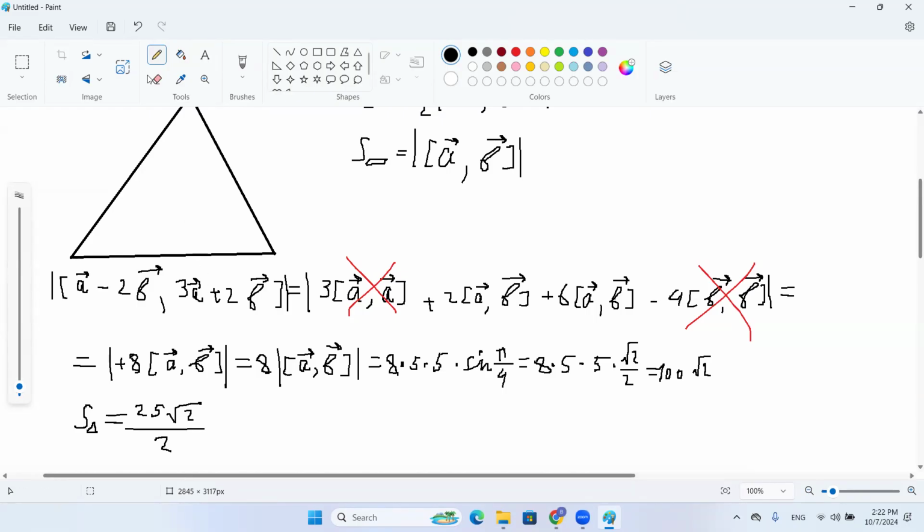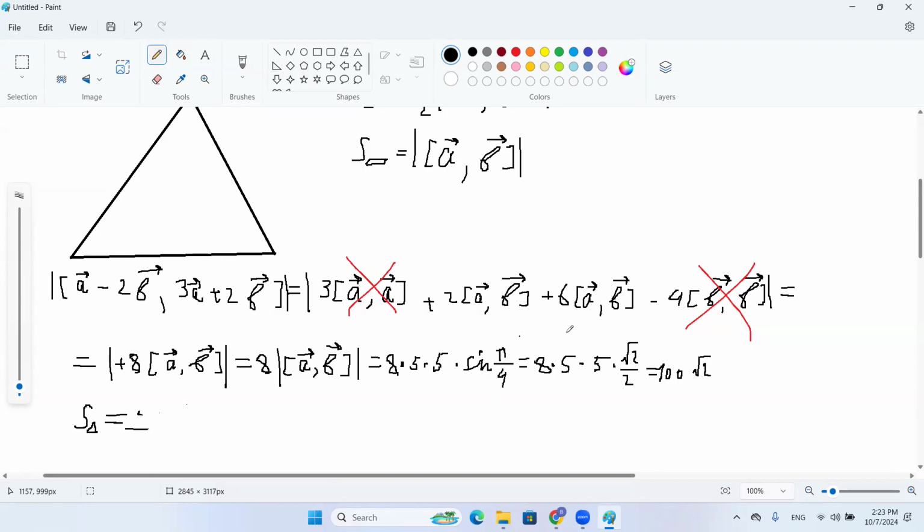One more question. It will be minus 6, but not plus 6, because of minus 2b multiplied by 3a and the anti-commutative rule. So minus 6 b multiplied by a, but we just changed the order.